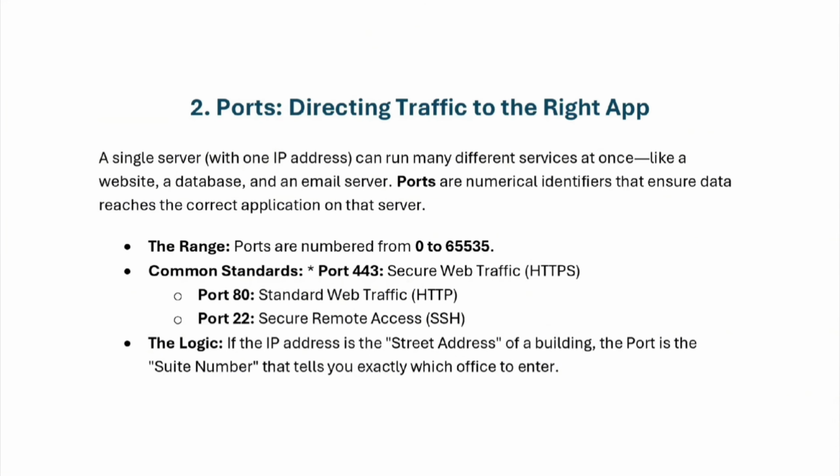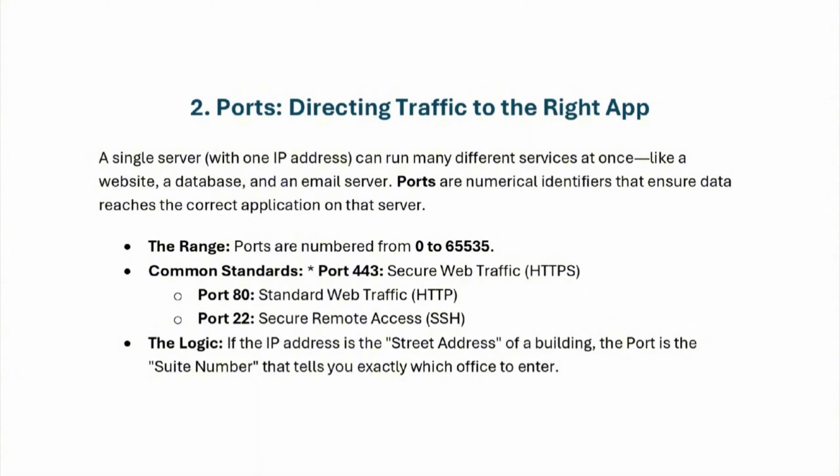Now that we understand DNS and what an authoritative server is, let's understand what ports are. A single server with one IP address can run many different services at once, like a website, a database, and an email server. Ports are numerical identifiers that ensure data reaches the correct application on that server. To let the user land on the exact one, instead of just putting the IP address, we add :443.